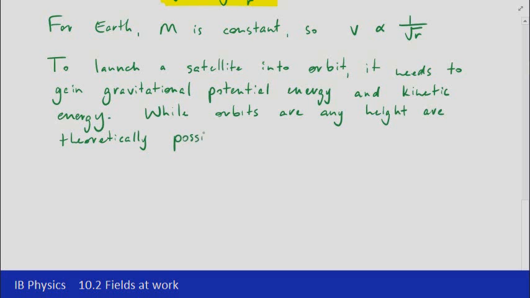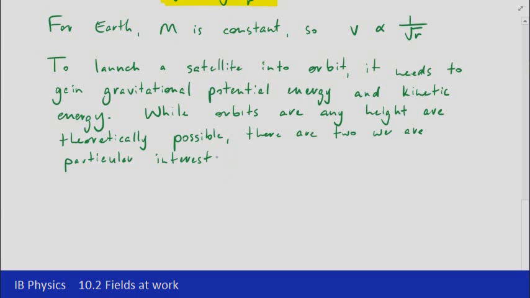So we're talking in theory about what we're looking at here. While that's theoretically possible, there are two orbits that we're particularly interested in, because of what they're capable of, or what the benefits are for these two orbits.